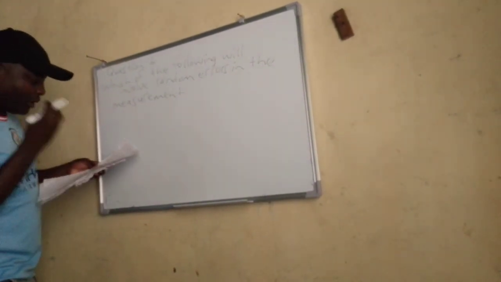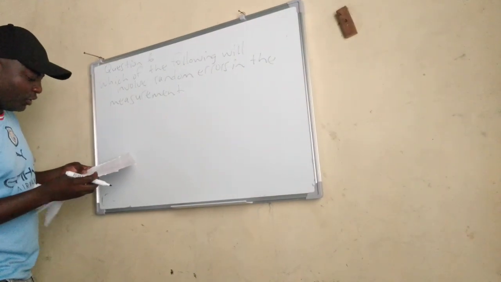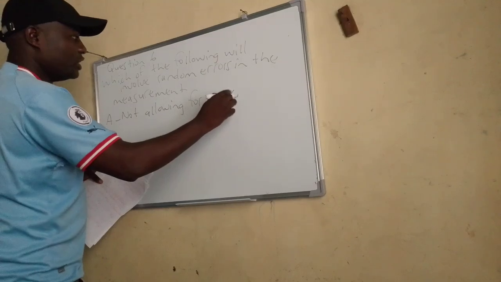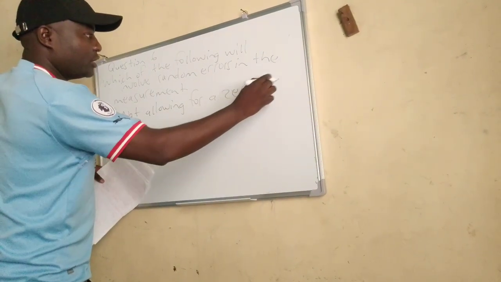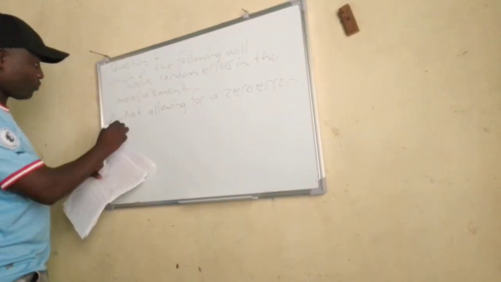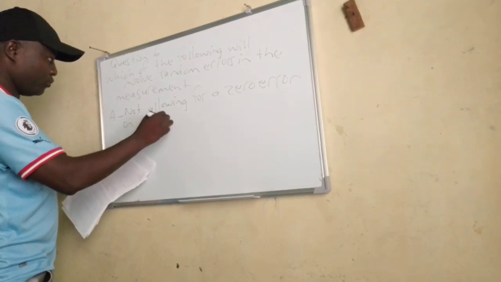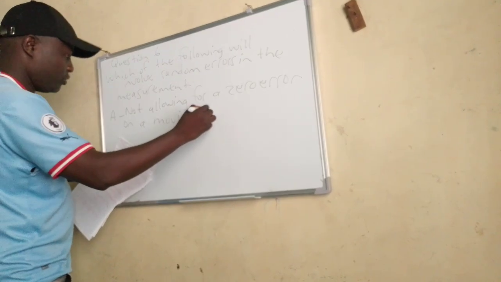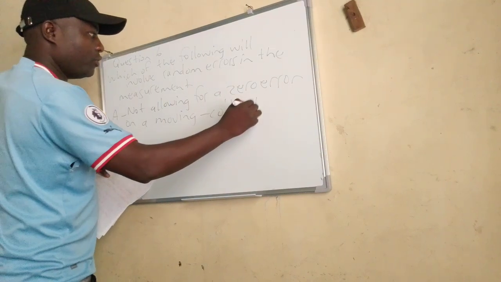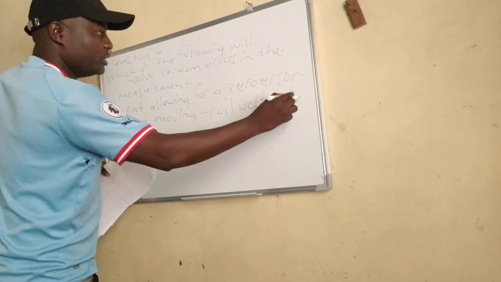A. Not allowing for a zero error on a moving coil meter.